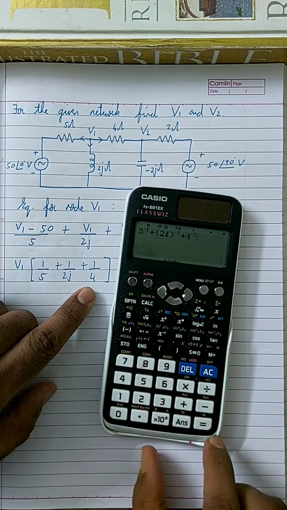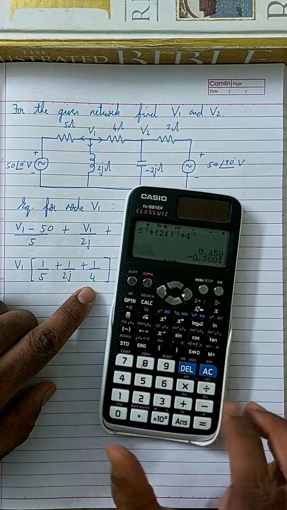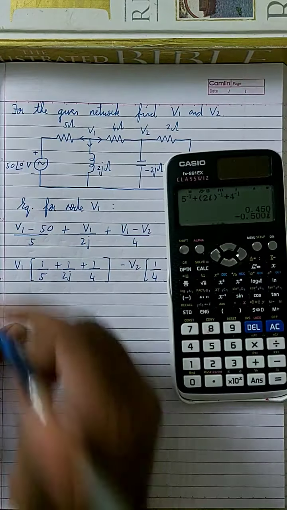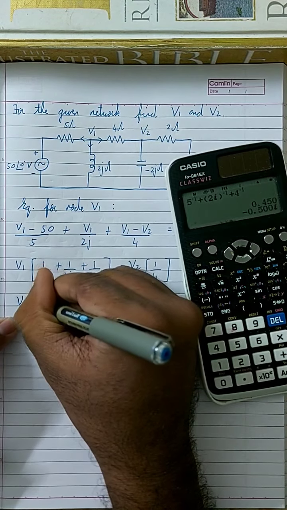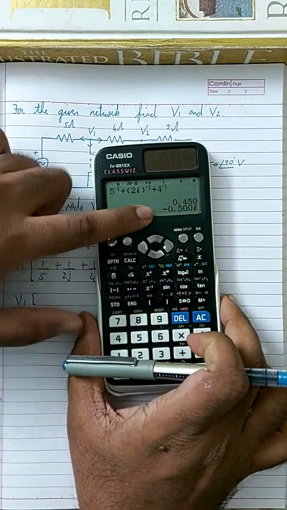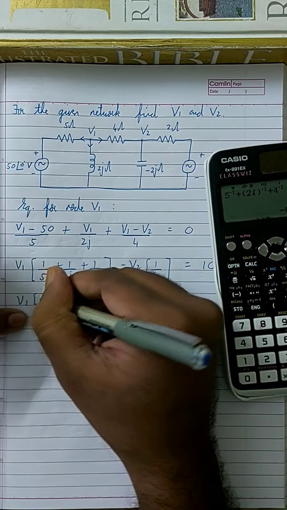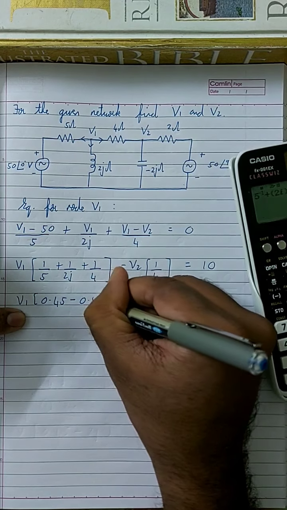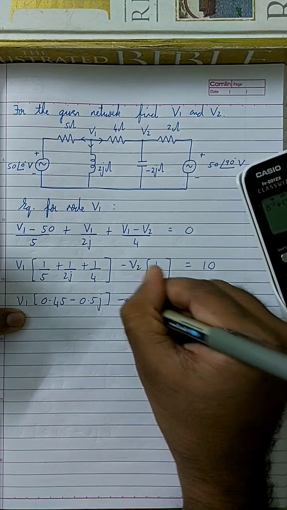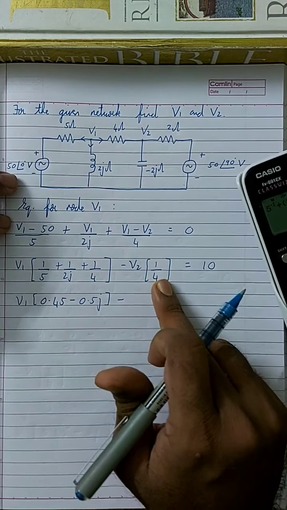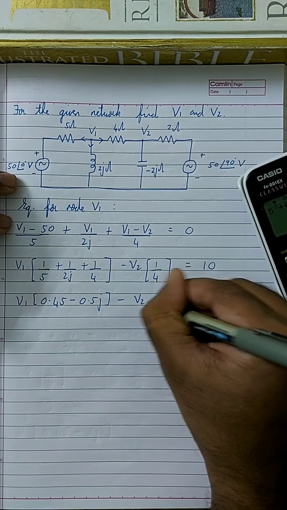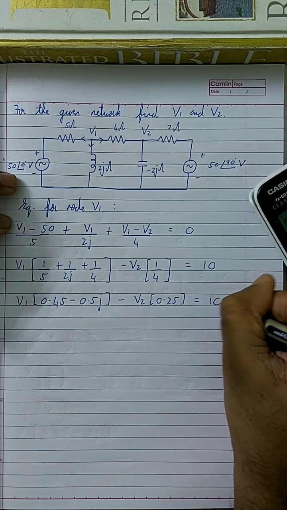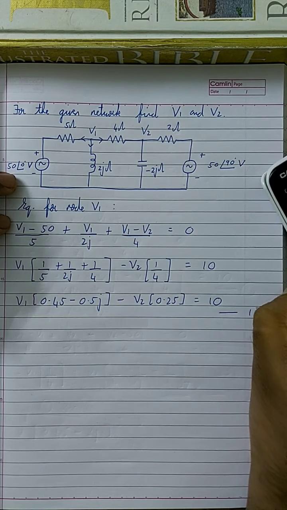So what do I get? 0.45 minus 0.5j. So the coefficient of V1 is 0.45 minus 0.5j, minus V2 into, and what is 1 by 4? 1 by 4 is 0.25. So V2 into 0.25 is equal to 10. This is equation 1.